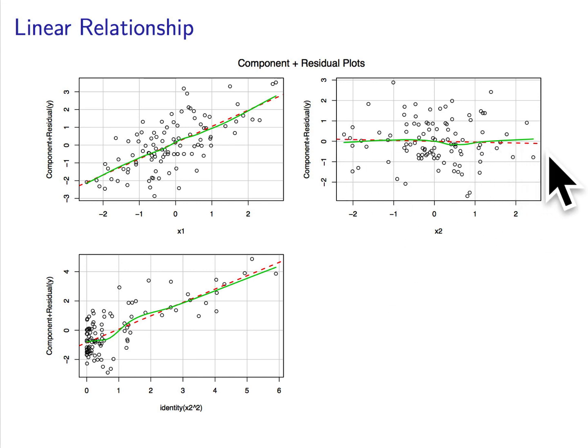If we looked at our summary for model 2, we'd see that the coefficients for beta 1 and beta 3 are probably statistically significant, but the coefficient for beta 2 is probably not going to be. Just another way that we can visually inspect that relationship.